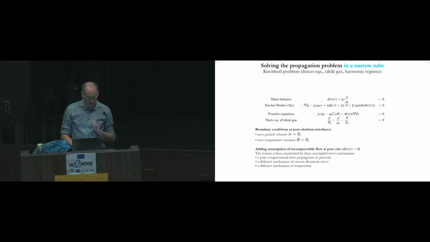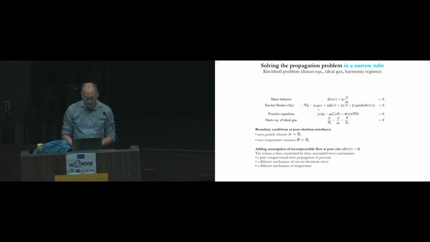So first we can keep the mass balance, so there's no change on that. Then we will need to account for the viscosity of our fluid. So now the fluid is viscous, while in the previous slide it was not. For free air we can just get rid of the viscosity of air. It's too small to be taken into account usually.